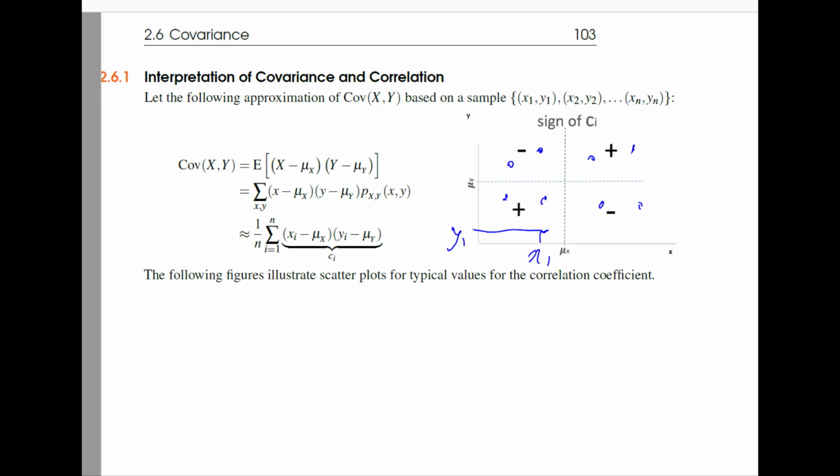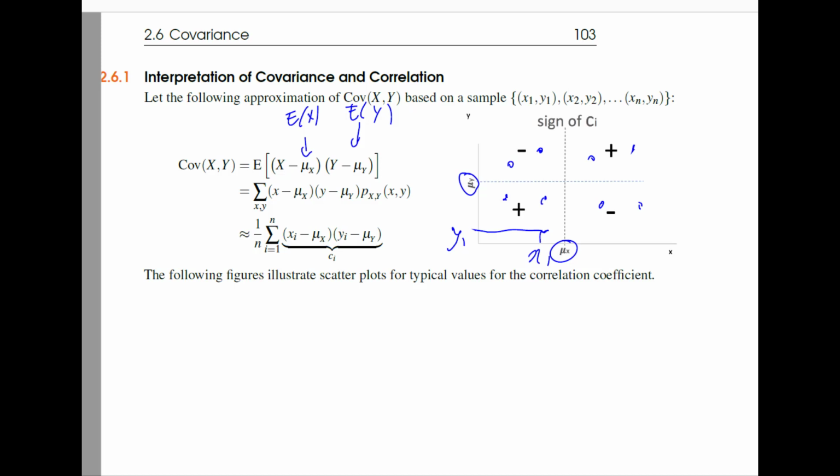For each point, we have the coordinates. Then, given the sample, we can estimate the mean values. So that's mu of y and mu of x. And remember, mu of y and mu of x are the same as expected value of x and expected value of y. They're synonyms.